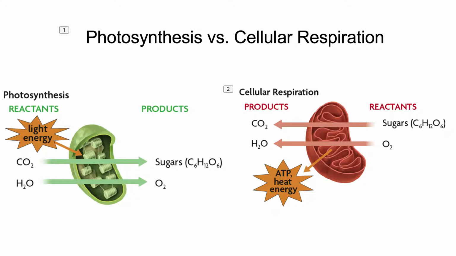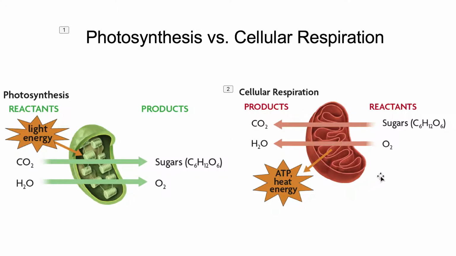So at this point, you should be seeing some similarities between cellular respiration and photosynthesis. And that is because they are actually the same process in reverse. So the reactants of photosynthesis, carbon dioxide and water, are actually the products of cellular respiration. So in photosynthesis, plants take in carbon dioxide and they take in water through their roots and they produce sugar and oxygen.